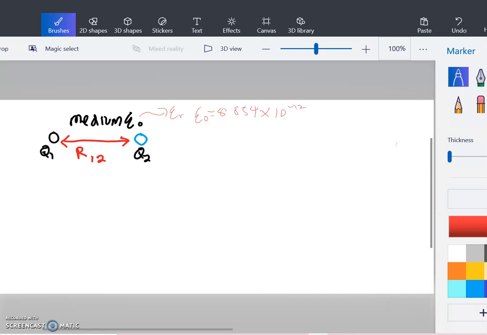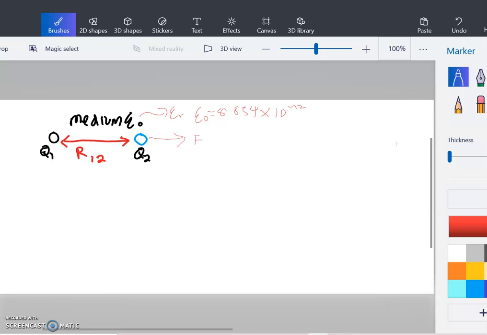What is the force experienced at point Q2? Imagine here you have some force acting on Q2, the force F due to Q1.